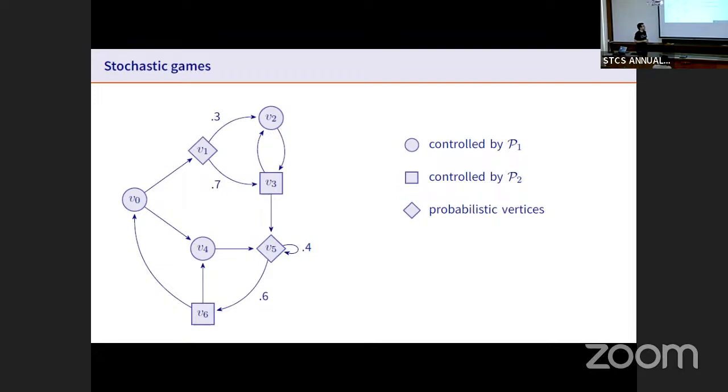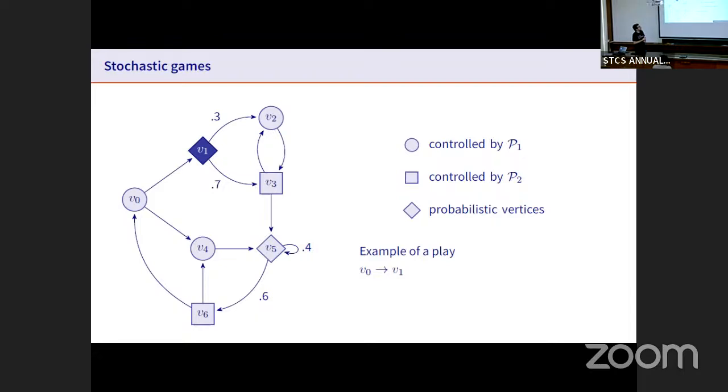The game is played by placing a token on some initial vertex, let's say V0, and then it's a turn-based game. In each turn, if the token is on a vertex controlled by player one, like it's here, then that player chooses one of the successors. Let's say they chose this successor, and then the token moves to V1, which is a probabilistic vertex.